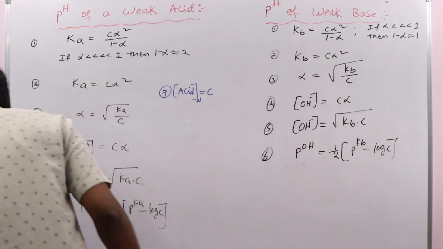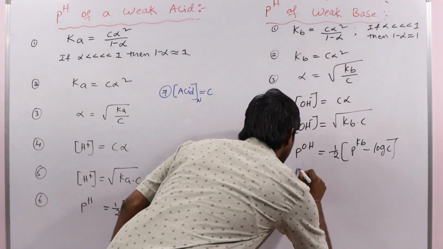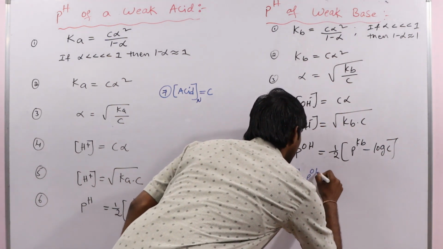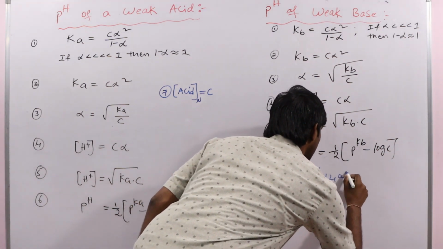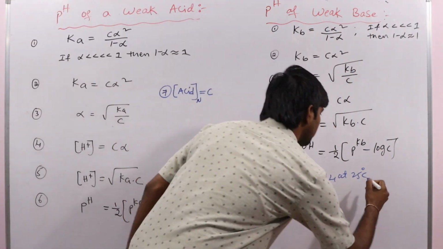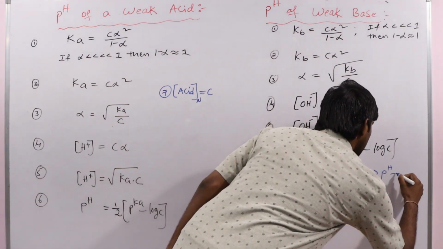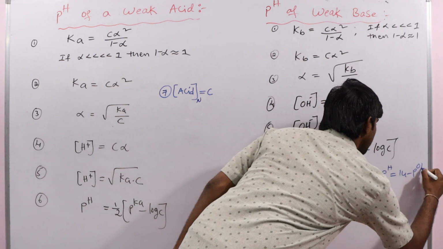We know one important relation, that pH plus pOH is equal to 14 at 25 degrees centigrade. Yes or no? So from this we get pH equal to 14 minus pOH.